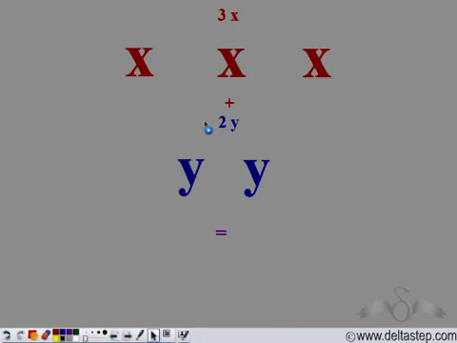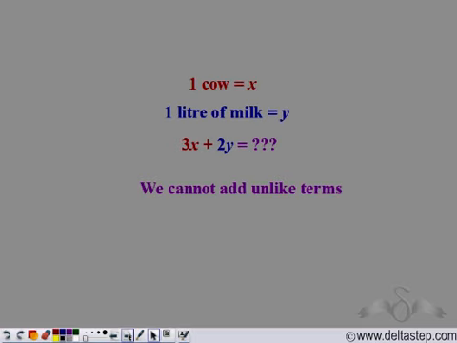So I cannot add these two. So if 1 cow is X and 1 liter of milk is Y, 3X plus 2Y cannot be added. So we cannot add dissimilar things. Similarly, we cannot add unlike terms because unlike terms stand for dissimilar things.